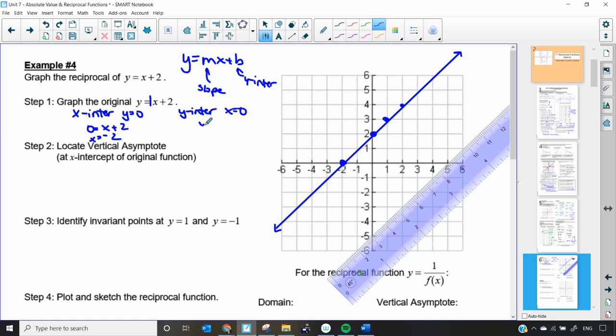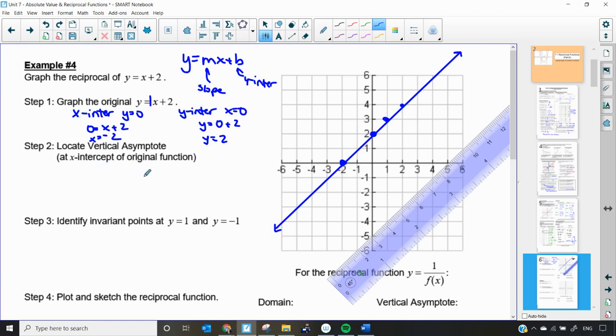So we can plug in y equals 0 plus 2 and y equals 2. So if we have our x-intercepts and our y-intercepts, then we can plot that graph. Sometimes that's a better way to do it if you have bigger numbers, because depending on the scale of your grid, you might not be able to just count your rise and your run. So there's 2 different ways there to graph our original function.